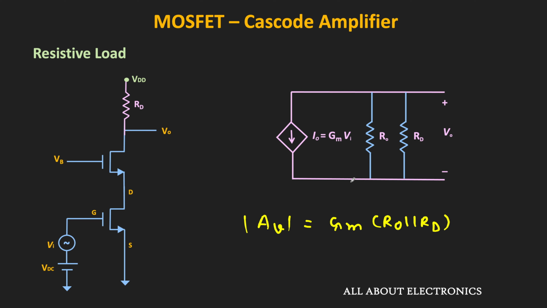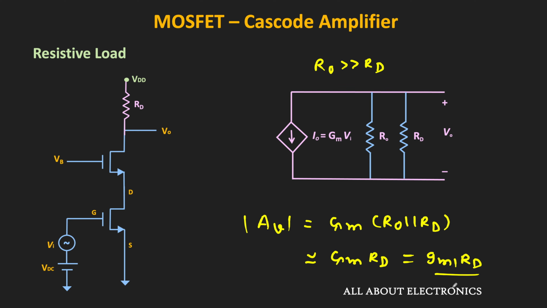Now we know that this Ro is much greater than RD. That means the overall voltage gain is approximately equal to Gm times RD, and in this case Gm is equal to gm1. So the overall voltage gain will be equal to gm1 times RD. And in fact, this gain is similar to the gain of the common source amplifier.